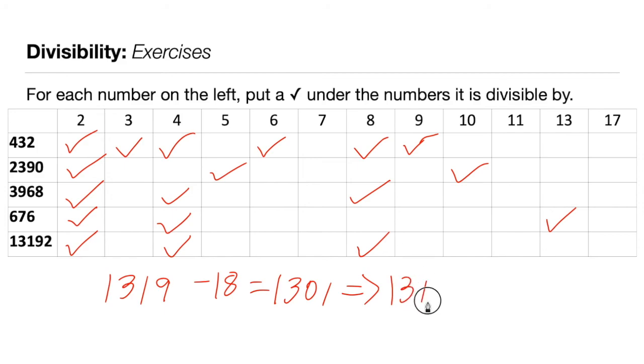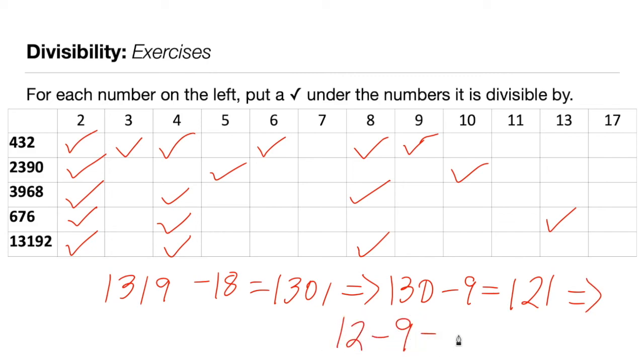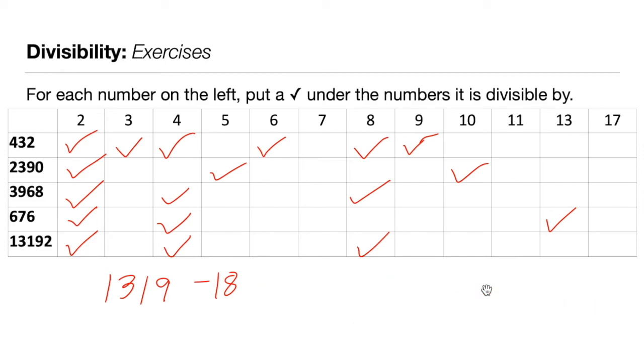So we have 130 minus 9. So what we have is 121. Again, continue the process. What we have is 12 minus 9. 12 minus 9 is 3. So therefore, 3 is not a multiple of 13. So no, 13,192 is not divisible by 13.